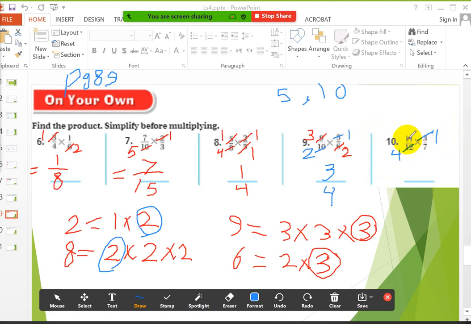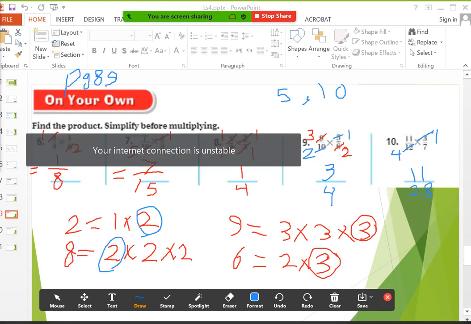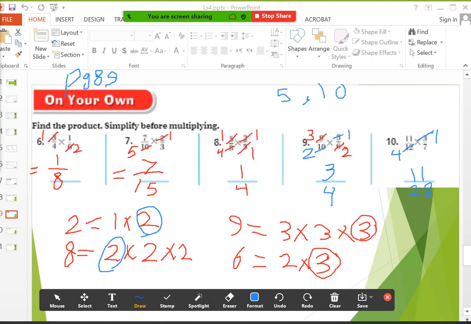So 11 multiply 1 equals 11, right? 4 multiply 7 equals what? 28. Thank you. Cannot be divided or simplified. Can I simplify 11 over 28? No. It is in the simplest form.